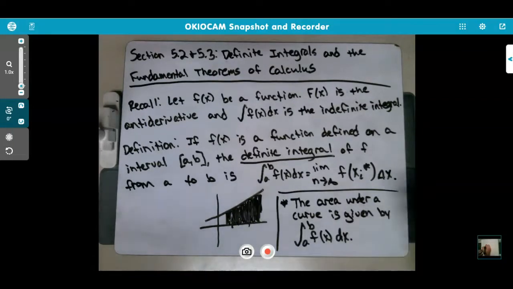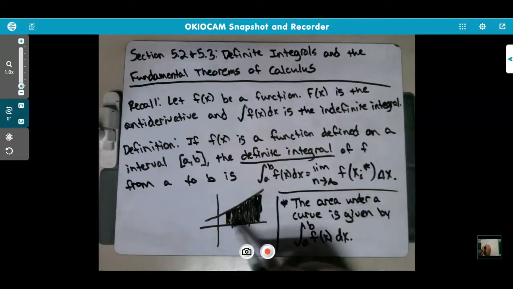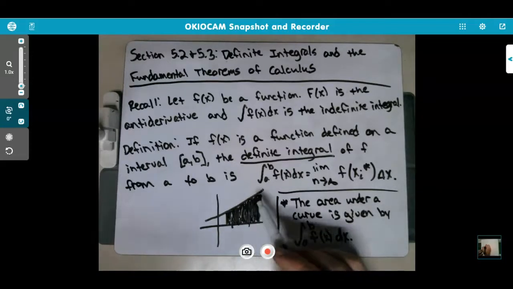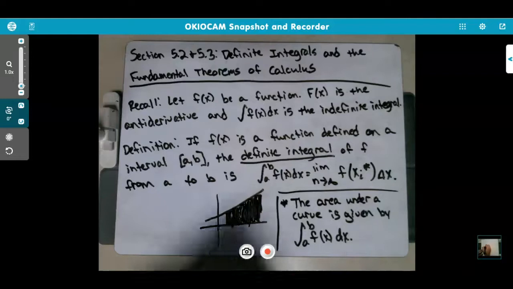What I want to learn here in 5.2 and 5.3 is how to find this without having to actually break this into a bunch of smaller pieces. But before we do that, I want to talk a little bit about the properties of a definite integral.